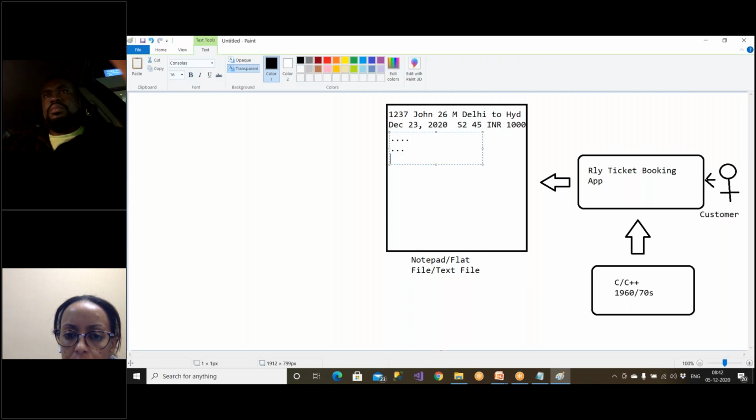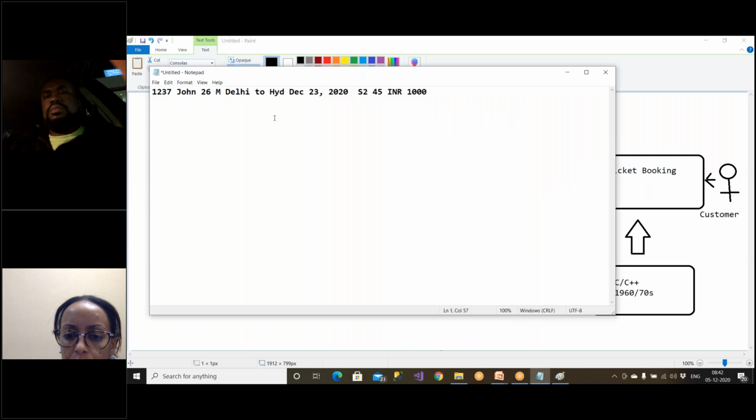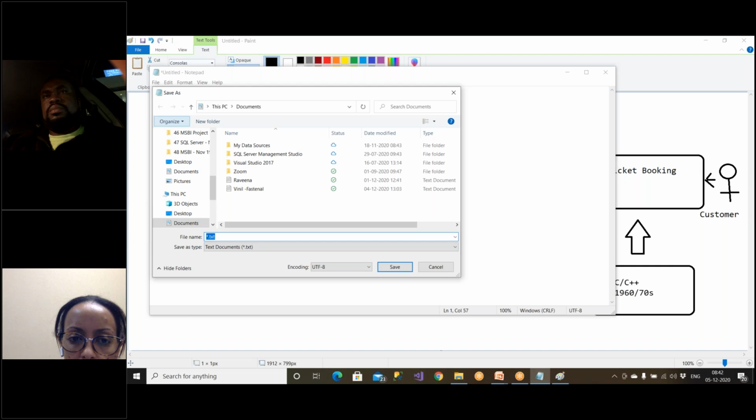So a lot of data is getting stored into this. Clear? When we store a large amount of data, into where? Into a notepad or a flat file, this has been saved. So let me save this file, and I'm going to store it as train ticket data. Okay, not you, the application is automatically going to be storing this.